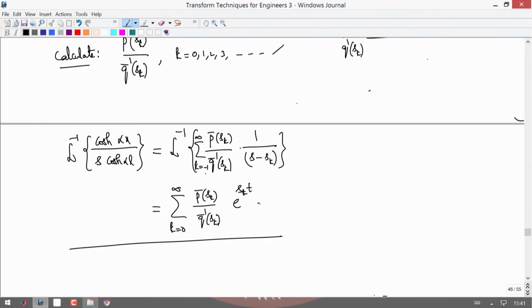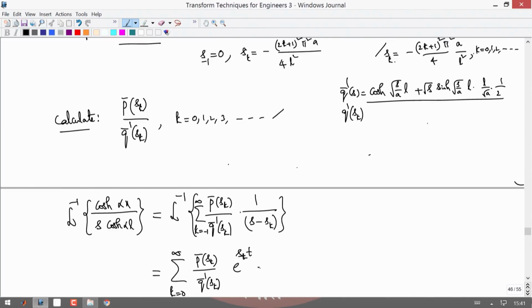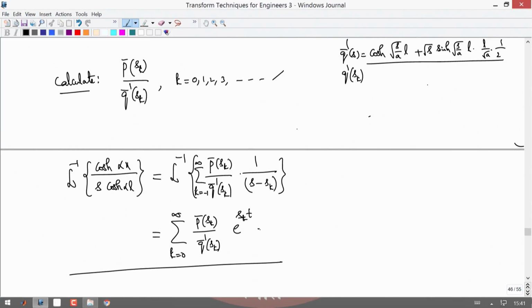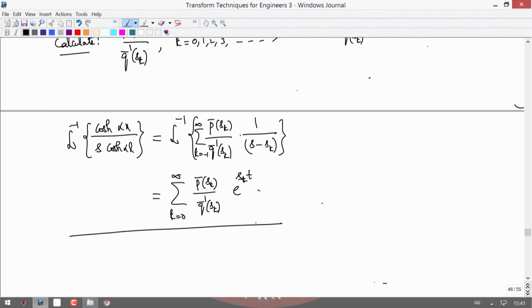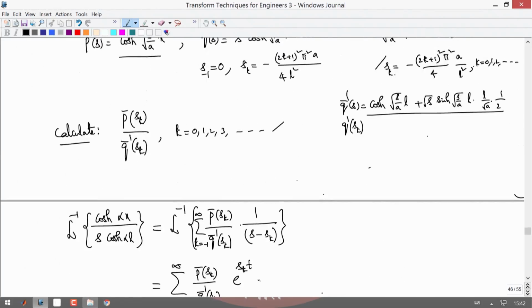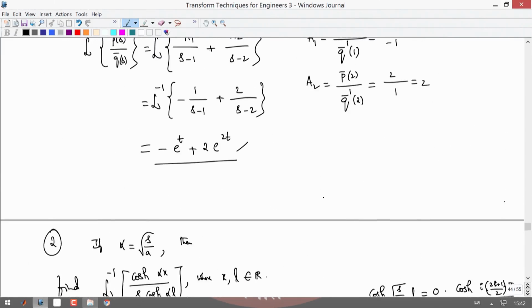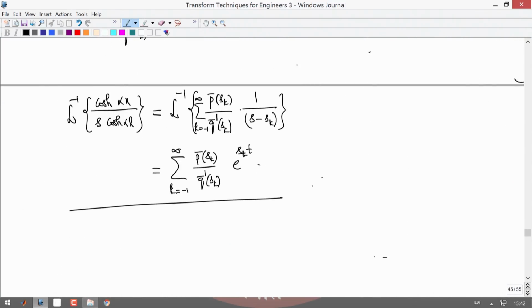Okay. s minus 1 is 0, you can write this, 1 over s. So, if you do like that, formally you have k from minus 1 to infinity, you have this expression. That looks like you have formally, if you apply this Heaviside expansion theorem, this is what you get.